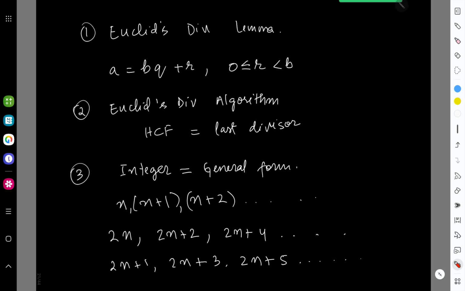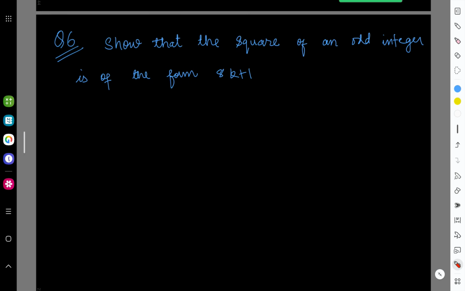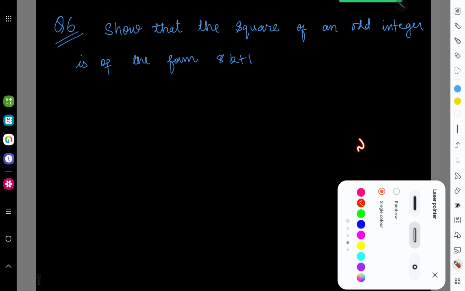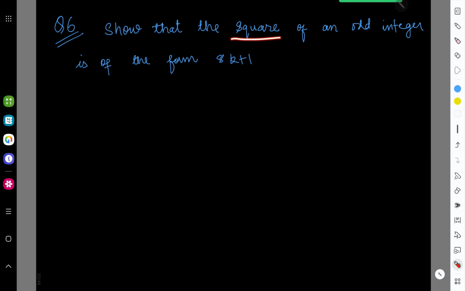Now let's move on to question number 6. Question number 6 says, show that the square of an odd integer is of the form 8k plus 1. The question says square, and it also mentions an odd integer, which means we're talking about one number.